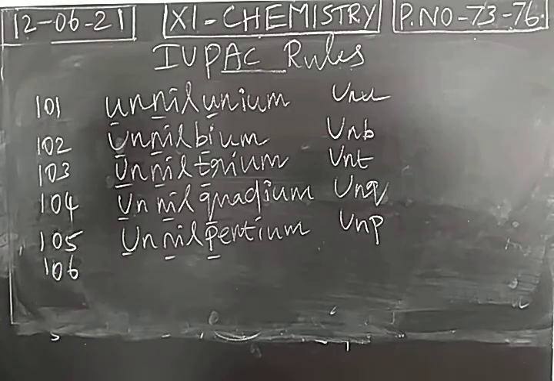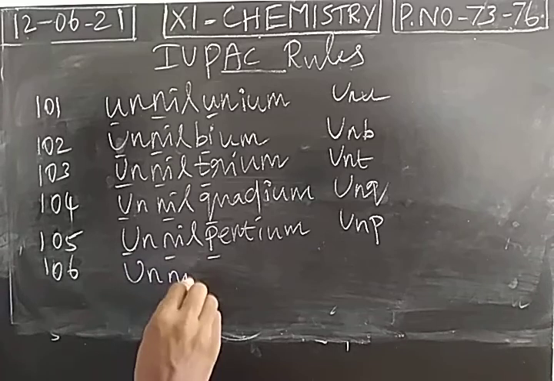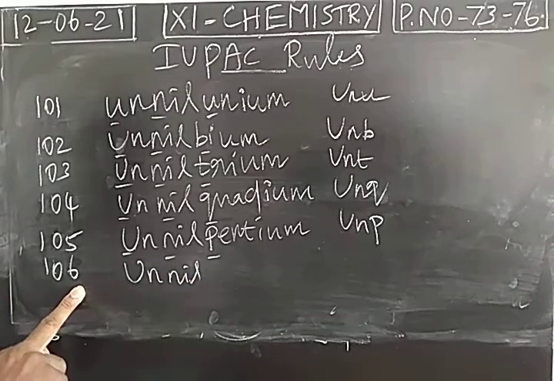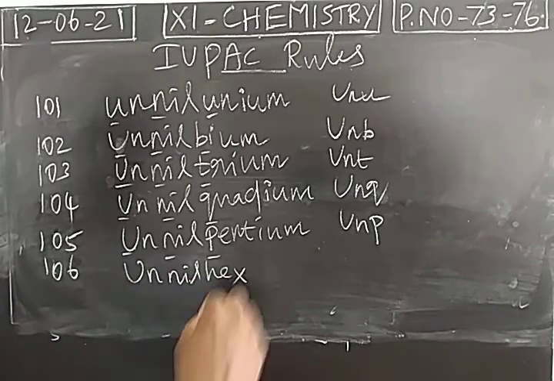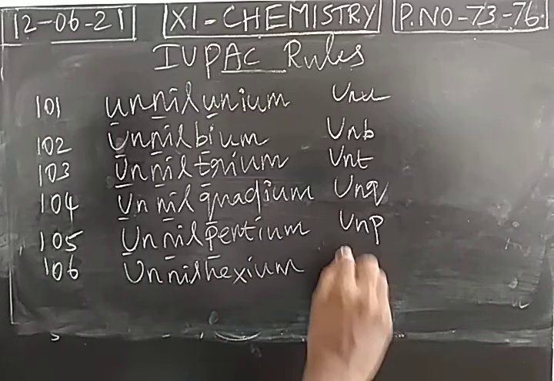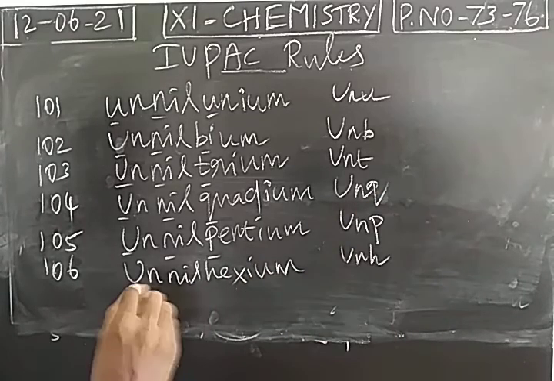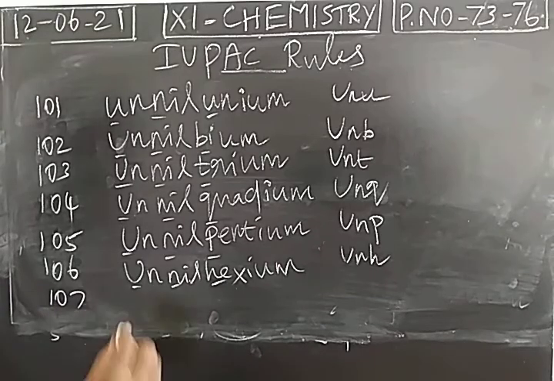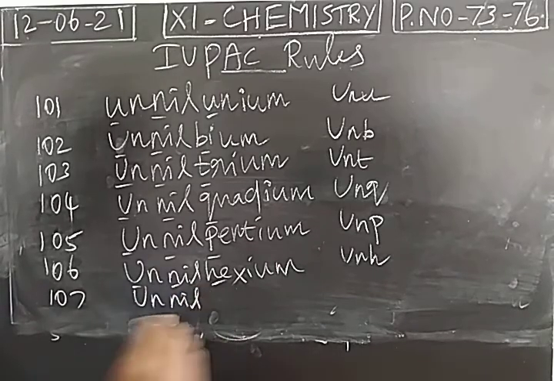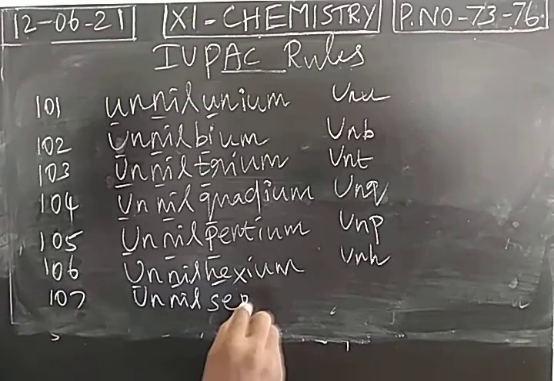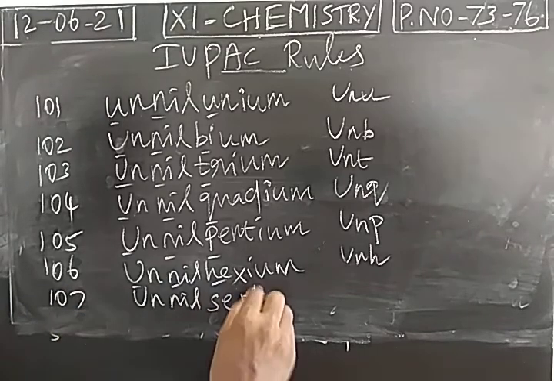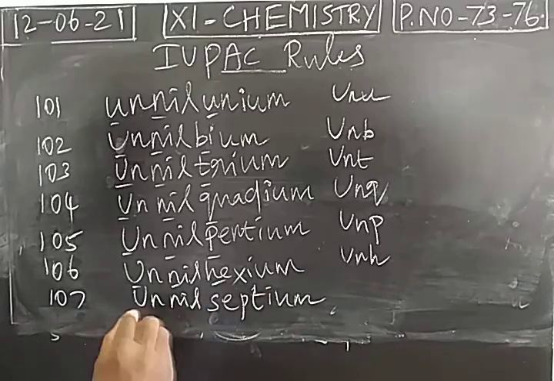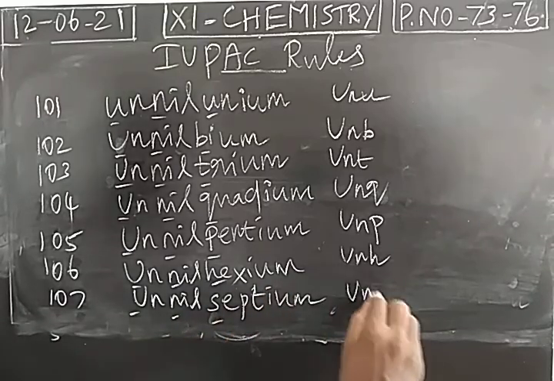Element with atomic number 106: unnilhexium, so Unh. Then element with atomic number 107: unnil, sept, the root word for 7. Unnilseptium, so Uns.